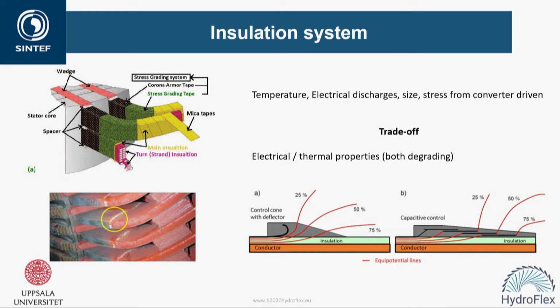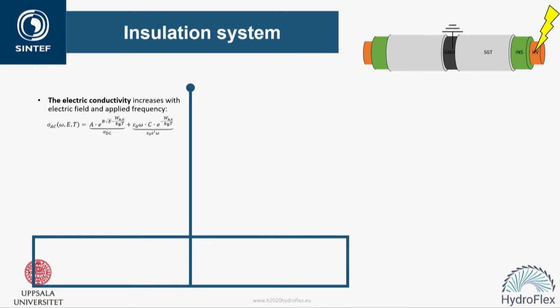As always, this is a trade-off between different engineering targets that you would like to have. You'd like to have something which can cope with the voltages. But if you make something which is very good for the field, then you pay a higher price on the thermal side. And we don't want too high a temperature in the insulation, because that breaks down the insulation. So the work at SINTEF has been addressing these issues.